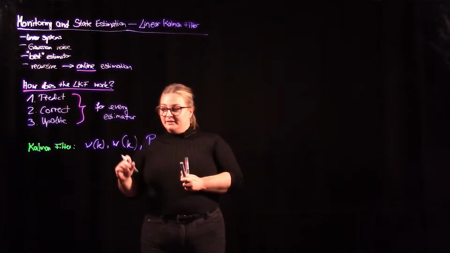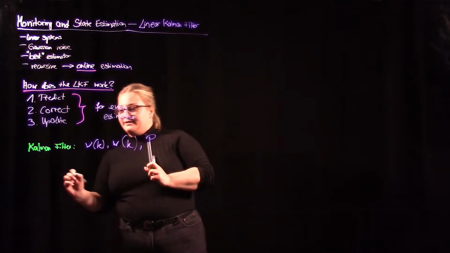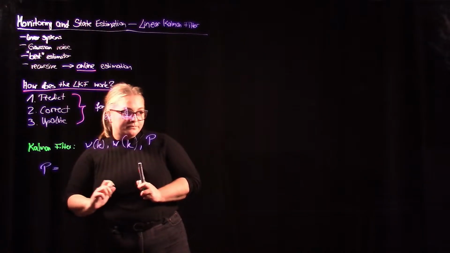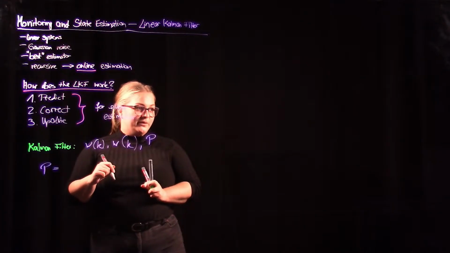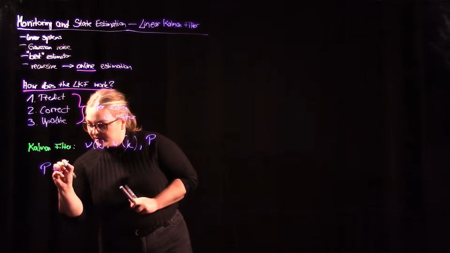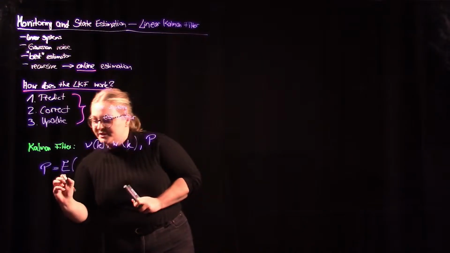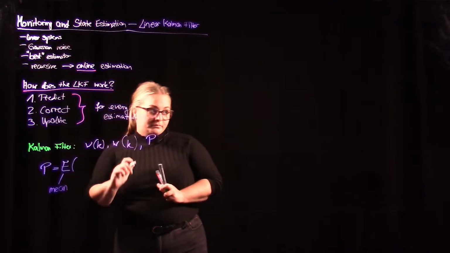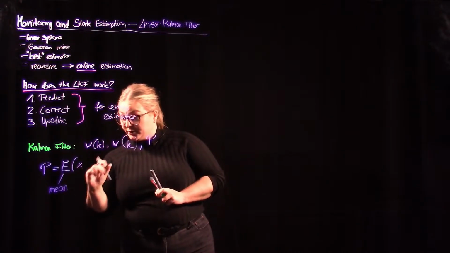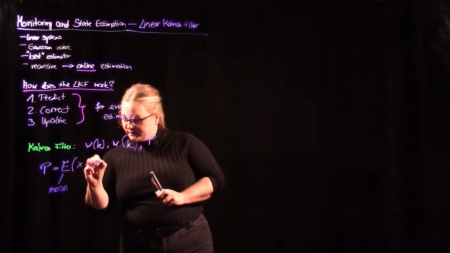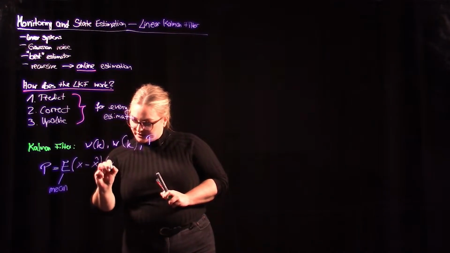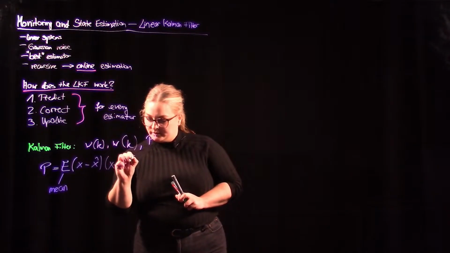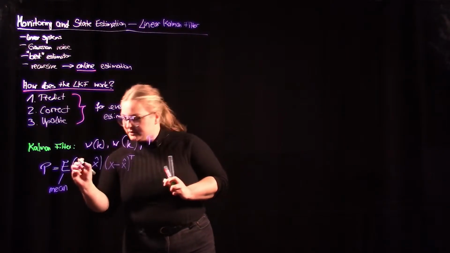For P, which we didn't talk about last time, we will calculate this one with P, which is the covariance matrix, E, which is our mean, and our current state and our estimated state. So, like this.